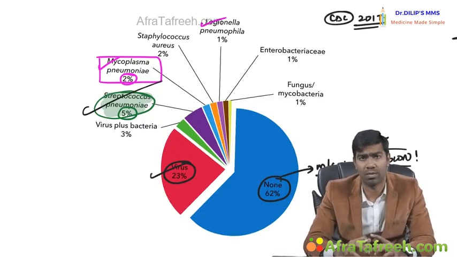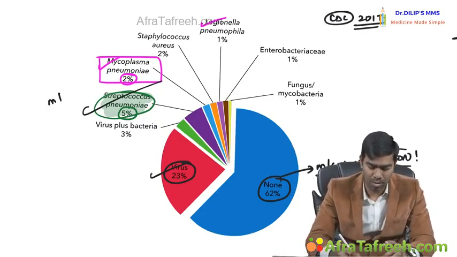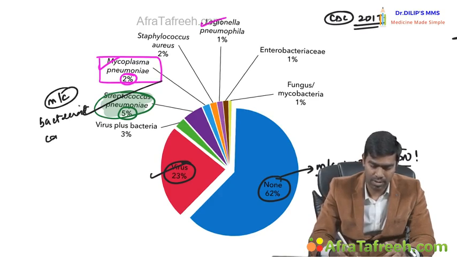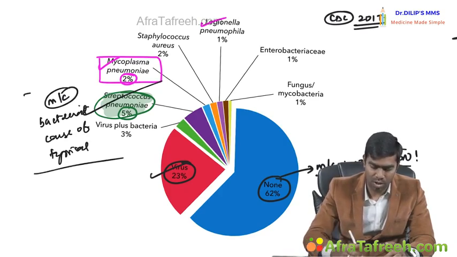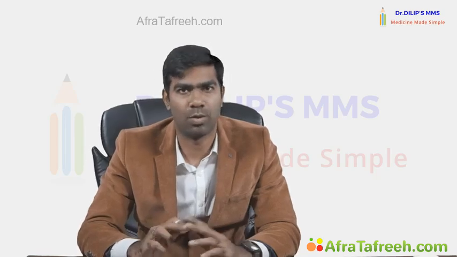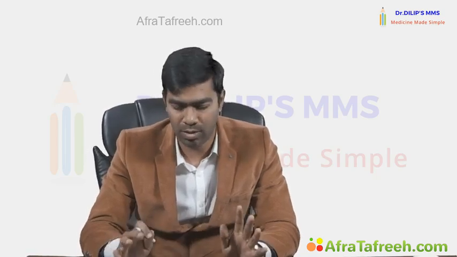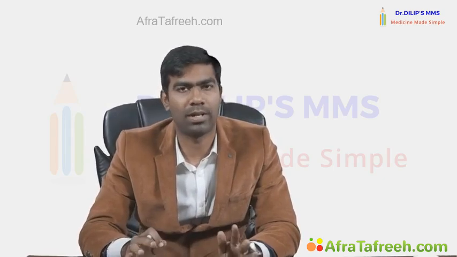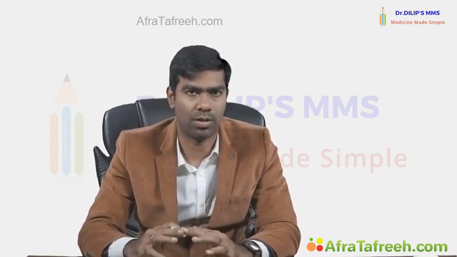Please be very, very careful. But still, it is the most common bacterial cause of a typical pneumonia. Or you can simply tell, it's overall the most common bacterial cause of a pneumonia. Most common bacterial cause of a typical pneumonia, this pneumococcus.